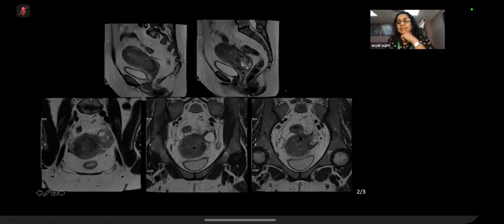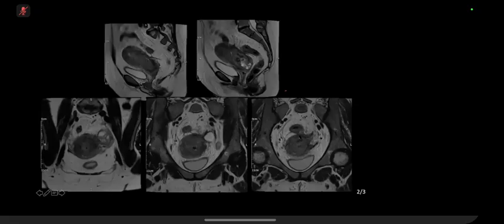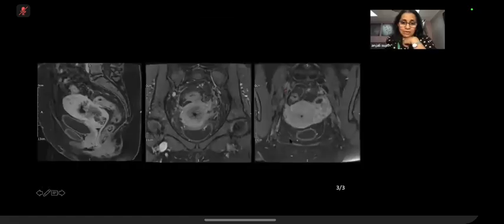What am I pointing at? So I think that's involvement of the adjacent bowel loop, probably the rectosigmoid. Good. And so now we have the post-contrast image. So that very clearly shows extension to involve the serosa of bowel and involvement of the ovary. Can you see that? Yeah.